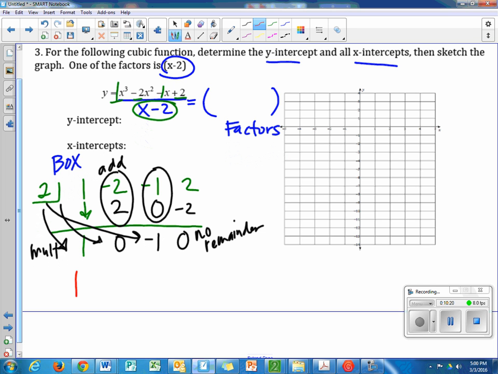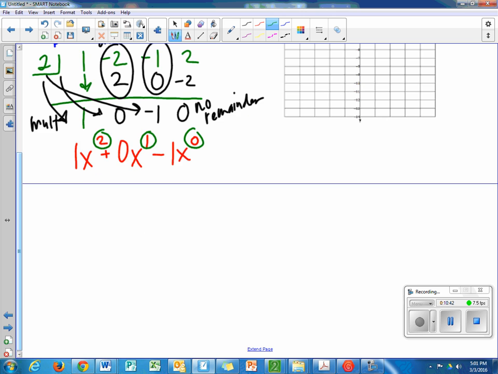Once again, these are coefficients. So you have 1x to the, subtract 1, which is squared, plus 0x to the, go down, 2 subtract 1 is 1 now. Then we have minus 1 x to the 0 power. I'll help you simplify this right now.